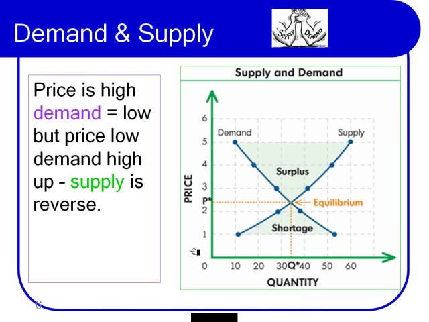Now you can see here, look at this, the price is high, the demand is low. There it is, there's the price, gone up to 5, so the demand is 10.